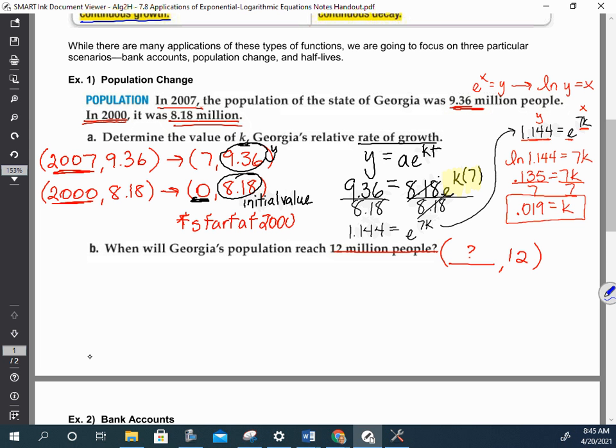So let's go ahead and set it up. So for part B, we're still using the same starting equation. Still using that formula. The y value, they told us what they want it to be, 12 million.